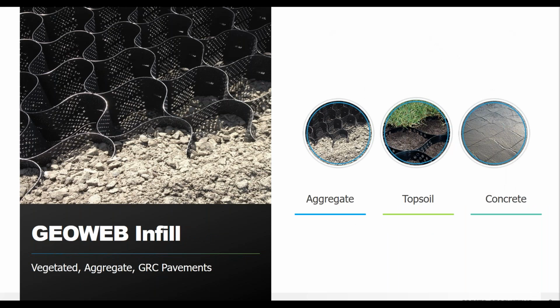Okay, so I said there were two main attributes for the GeoWeb system. The second is going to be the infill material. So it's going to be what you put into the container. An important benefit of using the GeoWeb system is that you can use a low quality aggregate, sand, or even salvaged materials to infill the cells.